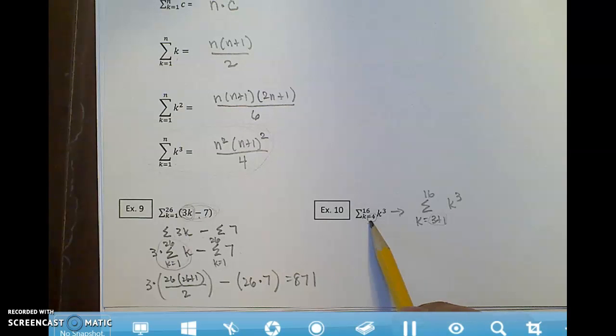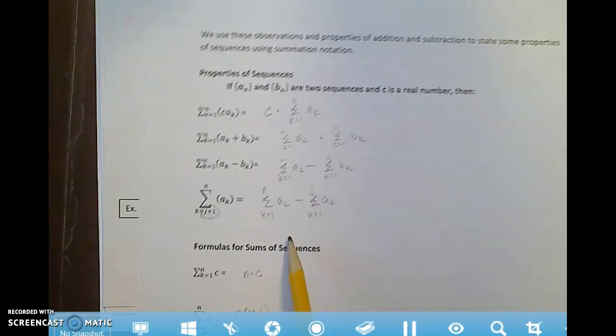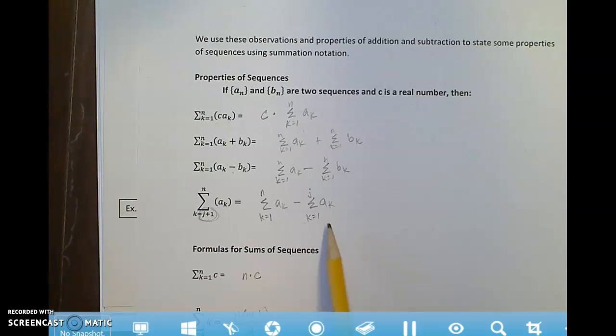Okay. So because my initial term doesn't start at 1, I want to be able to rewrite it like this. Okay, so now that's going to allow me to use this particular property.